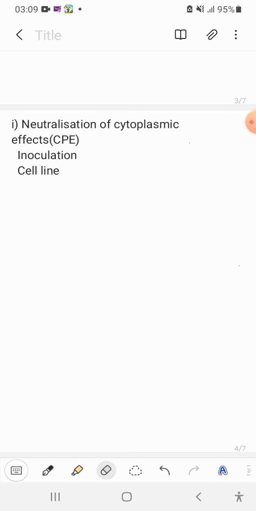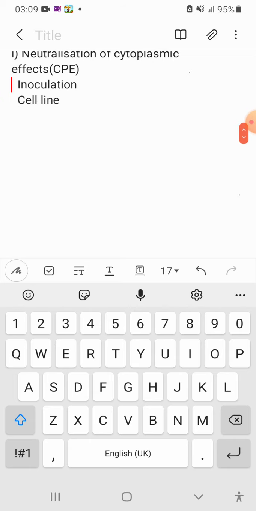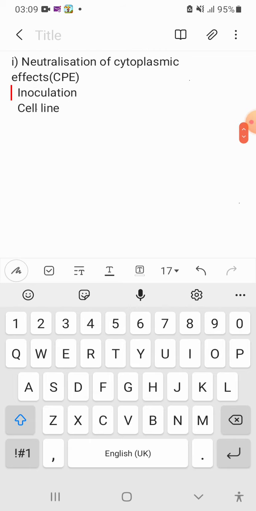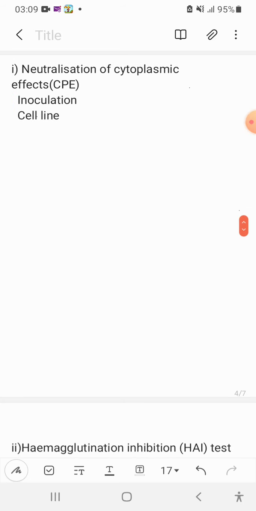So let's start by looking at neutralization of cytopathic effect. A number of viruses, like poliovirus, can infect an individual.